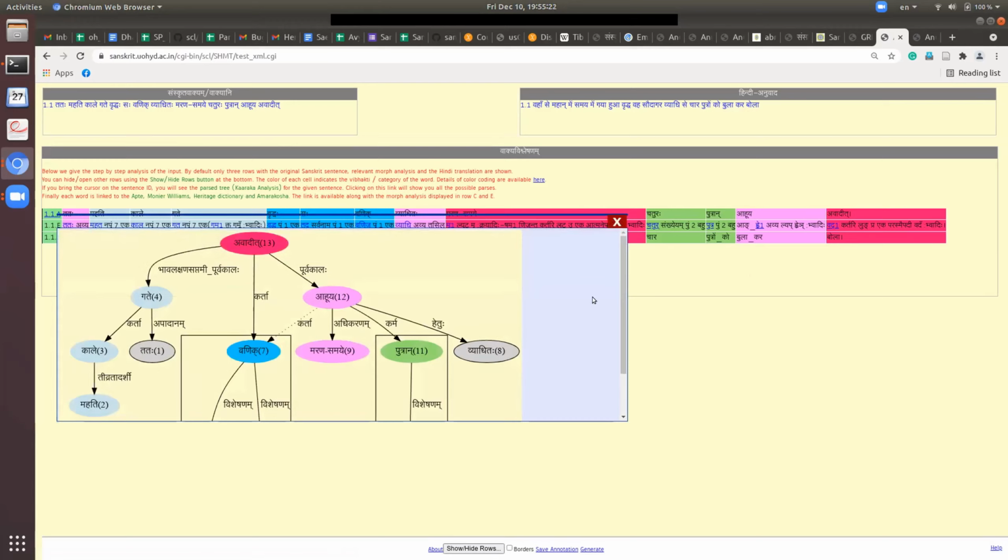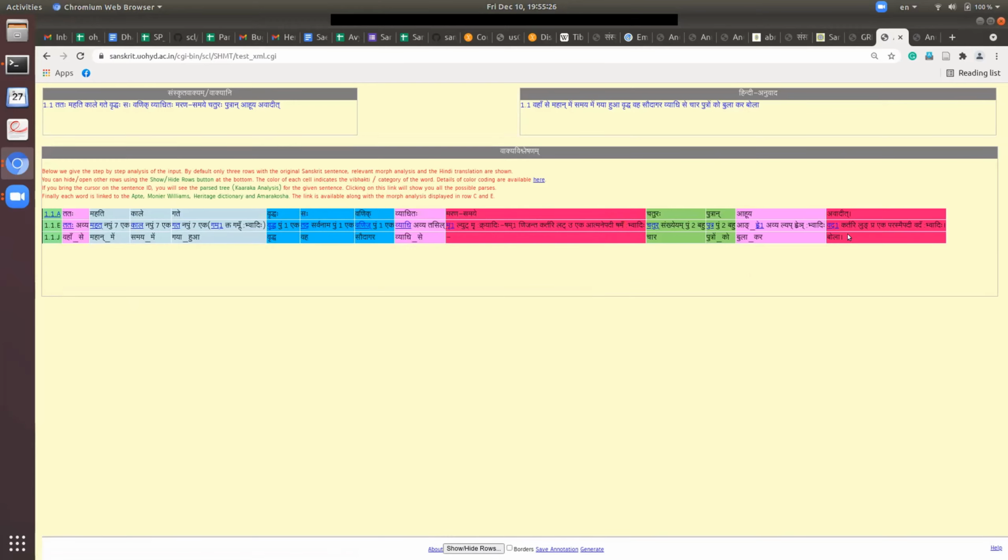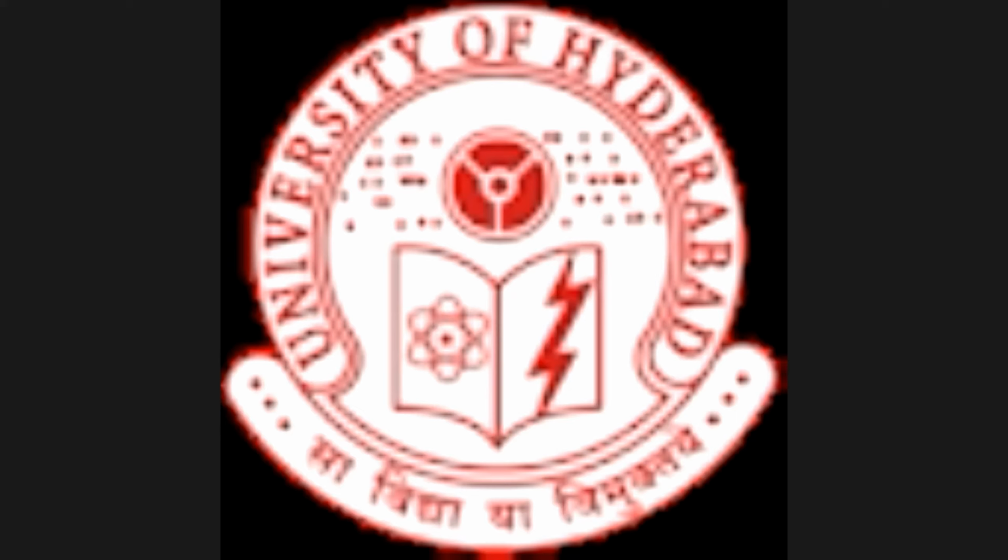But if it is Gacchati, because Gacchati is in present tense and Avadit is in past, my parser had a problem. So if it is changed to Gate, it works. This is what I just wanted to tell. And we will be looking at all these things later on from next week onwards.